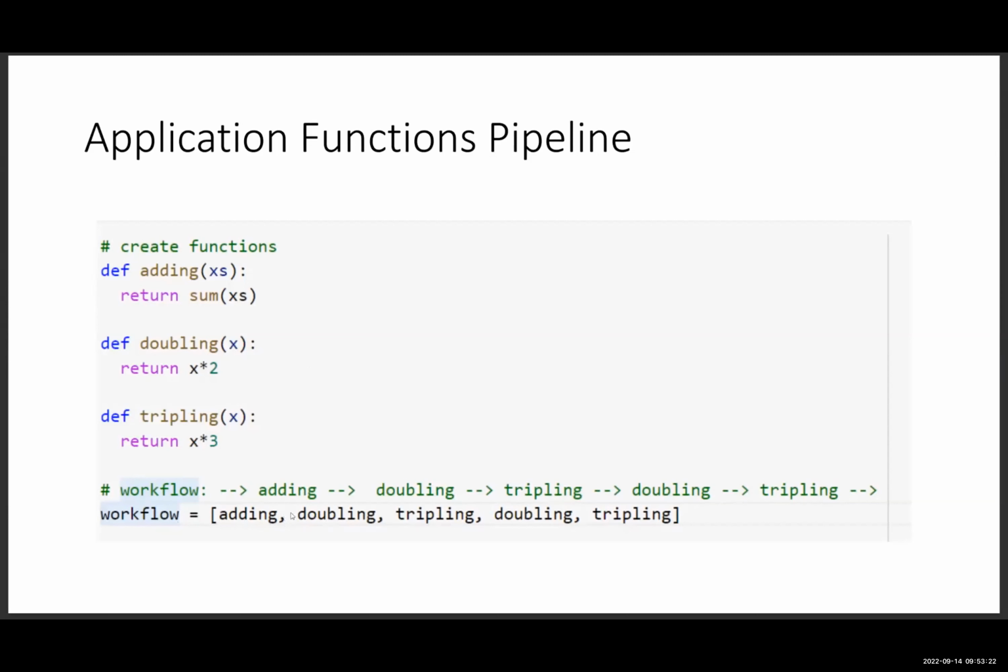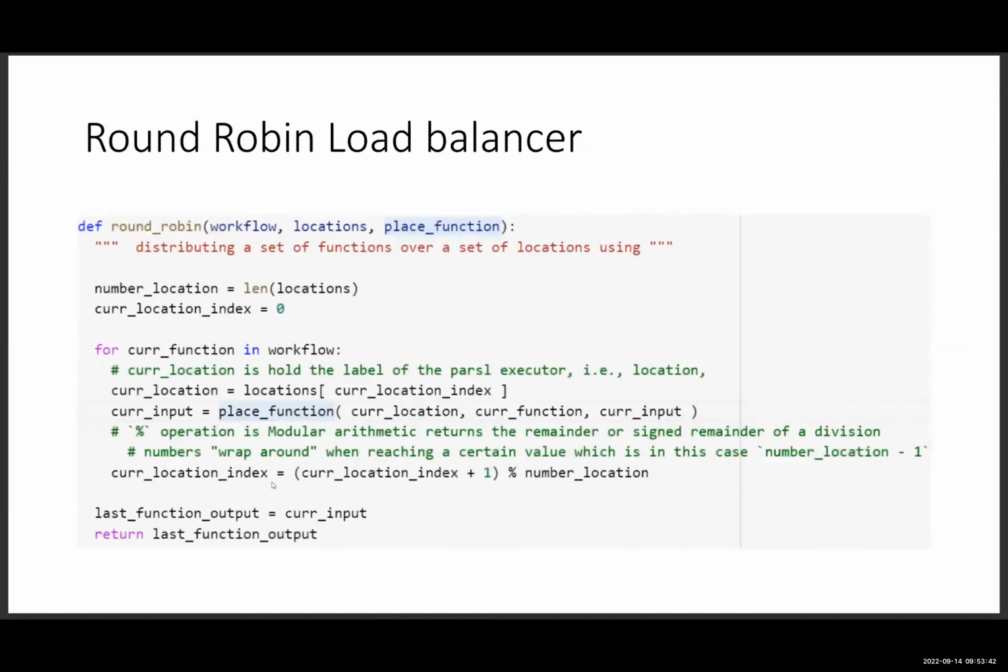In this example, the adding function will pass its output to the doubling function, and so on. We can take this function and a variable or list of functions and pass it to a utility function to do the deployment.